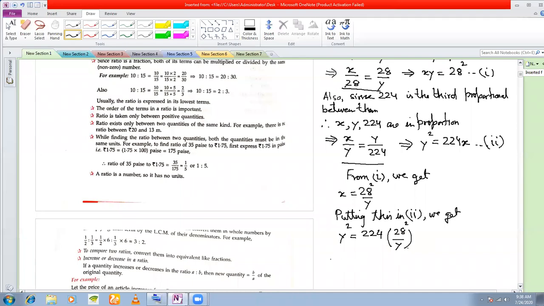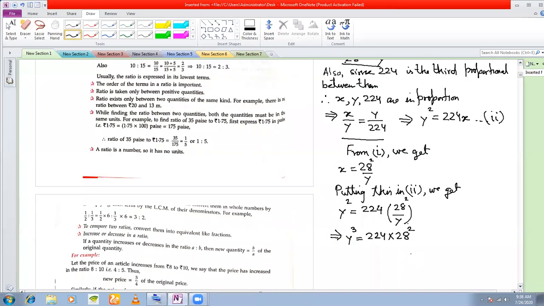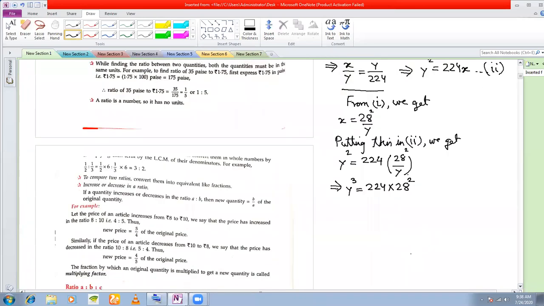So this means y cube must be equal to 224 into 28 square. Now how to find y? After multiplying you will have to take a cube root, so instead of doing that, the easier method is to take the prime factorization. Prime factorize 224.